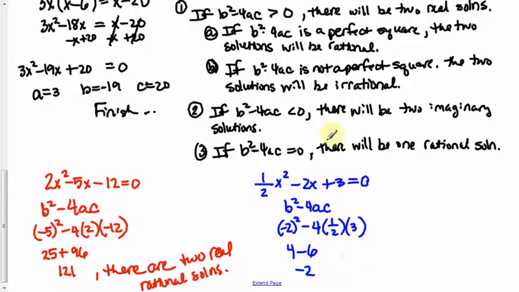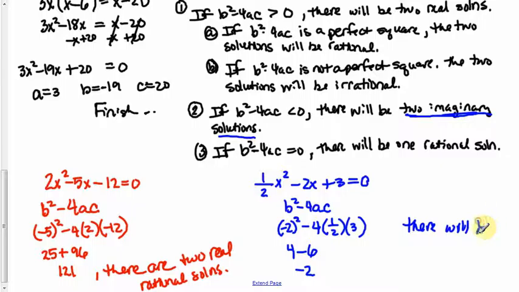So I'm on case 2, aren't I? If b squared minus 4ac is less than 0, there will be what kind of solutions? Is this less than 0? Negative 2 is less than 0, right? What kind of solutions are there? Imaginary.